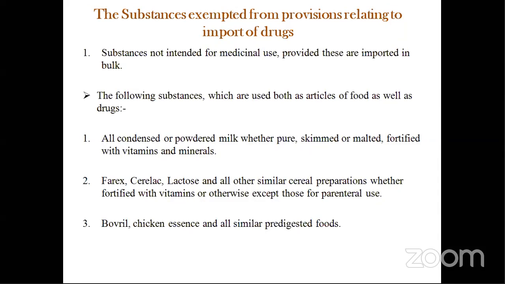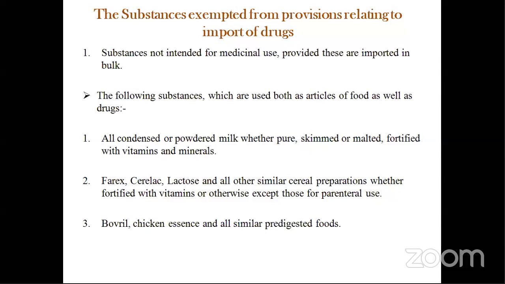We cannot import food supplements in drug packets. Examples are condensed pure milk, milk fortified with vitamins and minerals, powdered milk, Cerelac, and lactose. Those are food supplements, not drugs, and they have no therapeutic use.